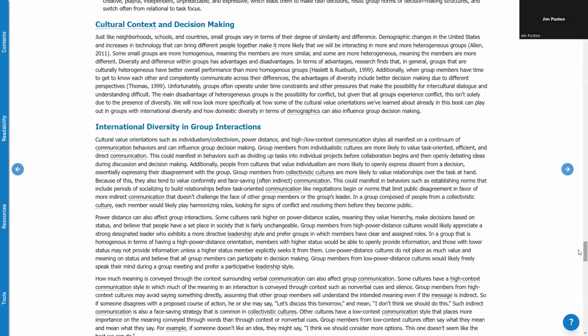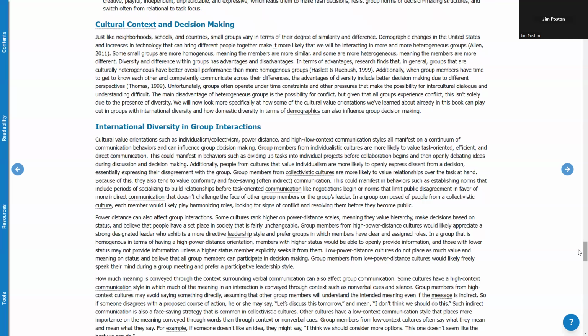Unfortunately, groups then often operate under time constraints and other pressures that make the possibility for intercultural dialogue and understanding difficult. The main disadvantage of heterogeneous groups is the possibility for conflict. But given that all groups experience conflict, this isn't solely due to the presence of diversity.